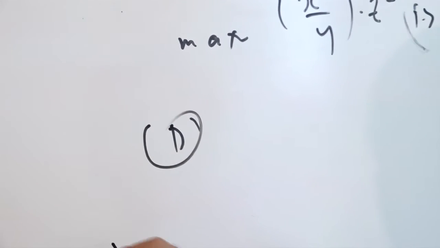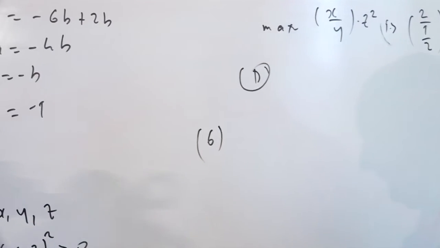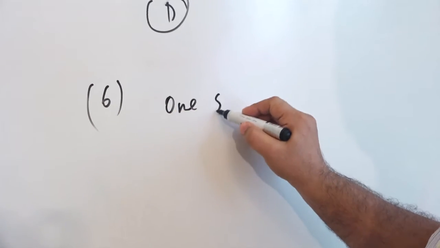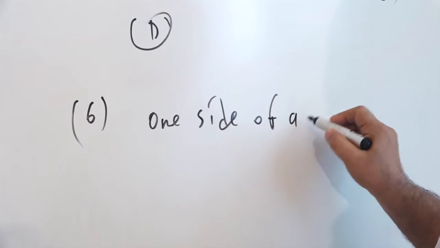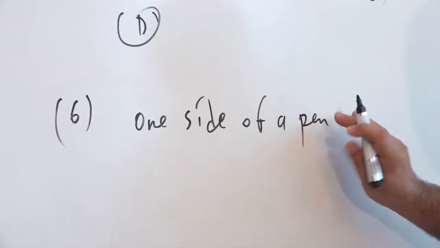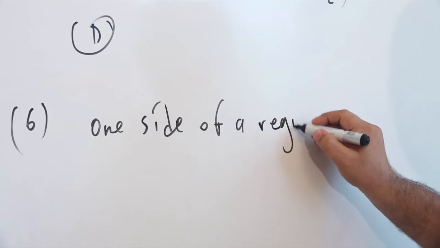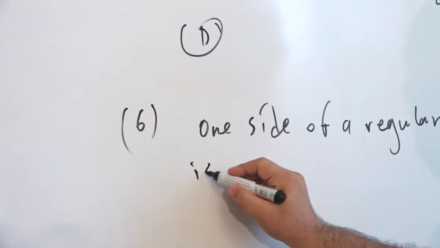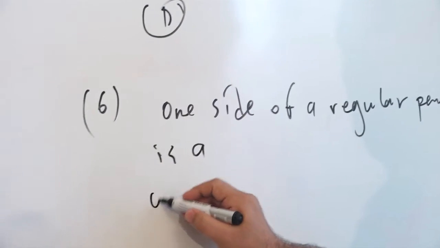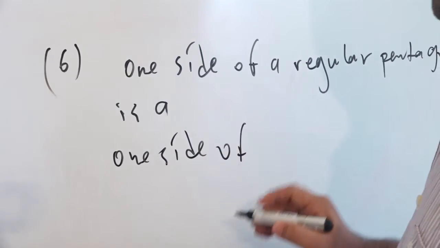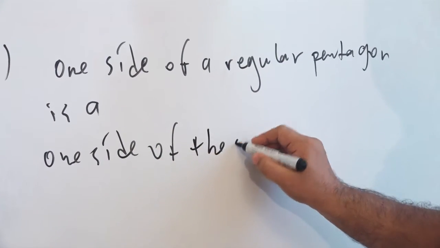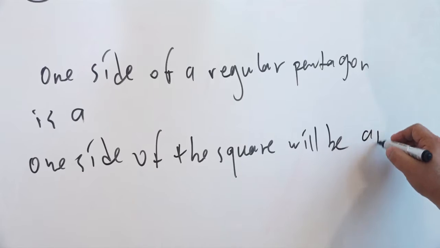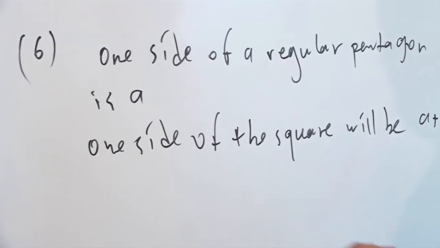Question 6. If you take this square, let us say one side of a regular pentagon is A. So one side of the square will be A plus 4.